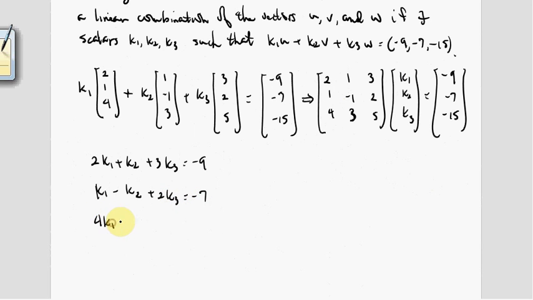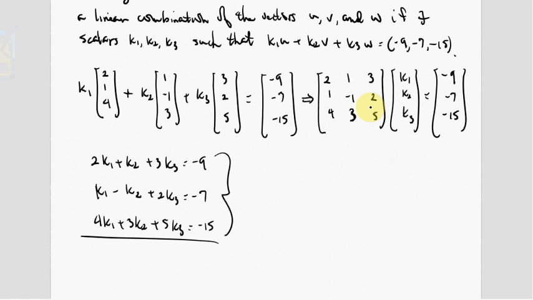This is 4k1 plus 3k2 plus 5k3 is equal to negative 15. So we get this system right here. Now on your graphing calculator, because now we can use them, we solve.